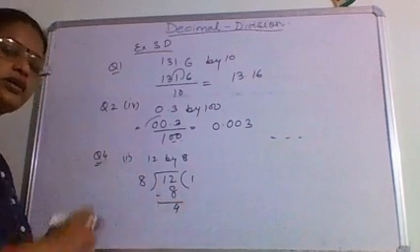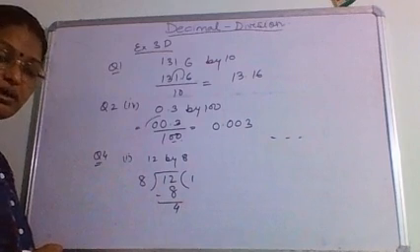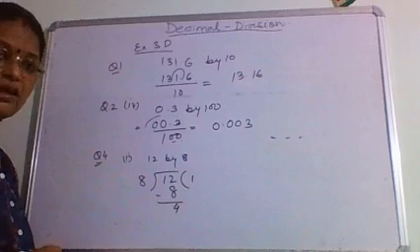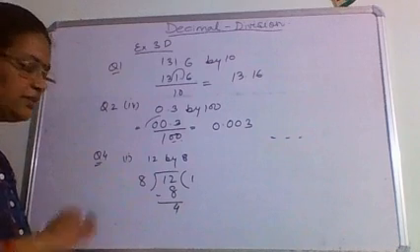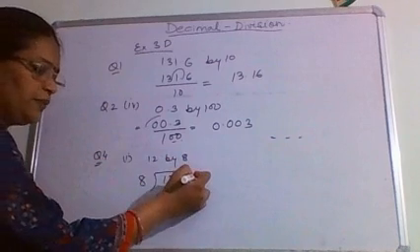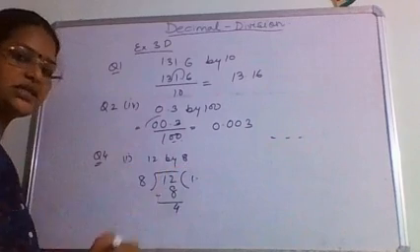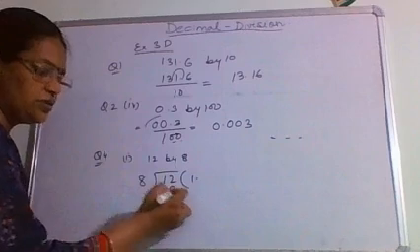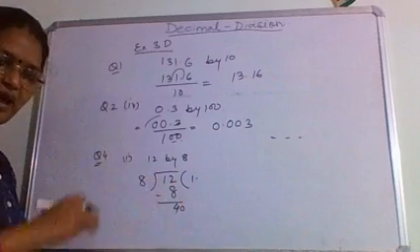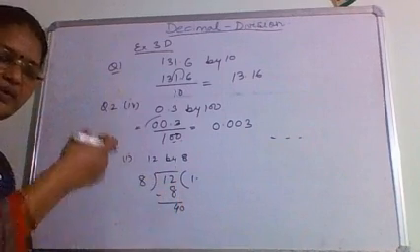Now 4 is the remainder, but we don't have to give the answer in the remainder. We have to find the answer in decimal. So what we used to do is, we put the decimal over here. This decimal means we can add zeros in the remainder. As many zeros as we require, we can add.